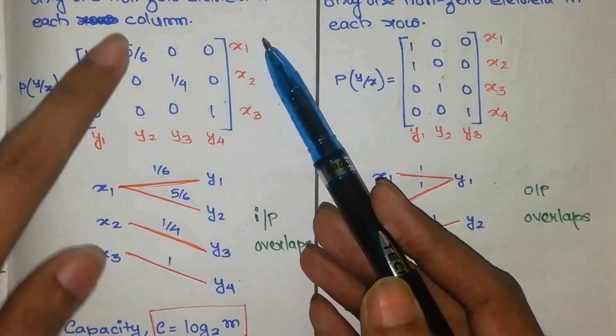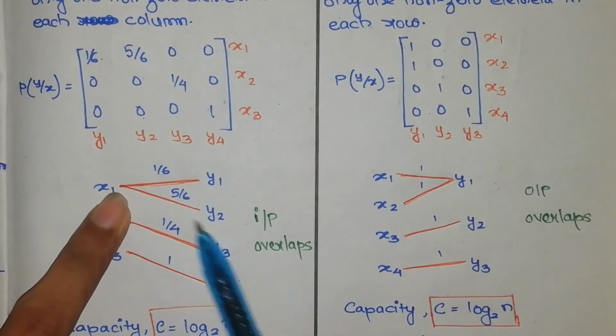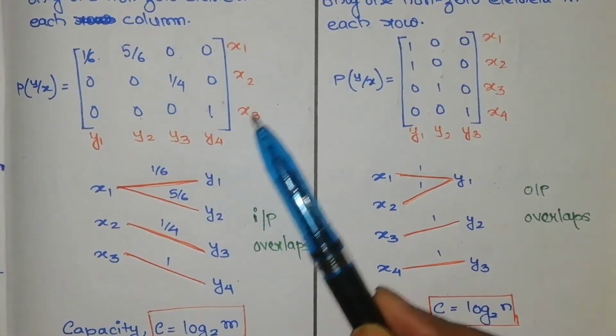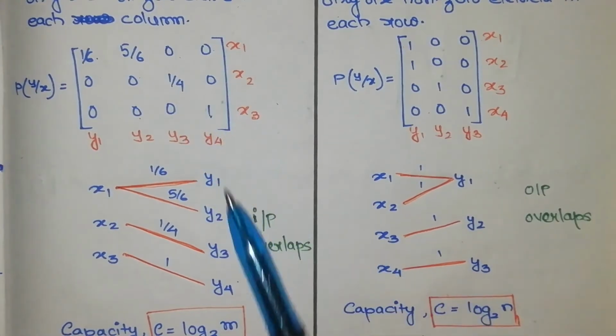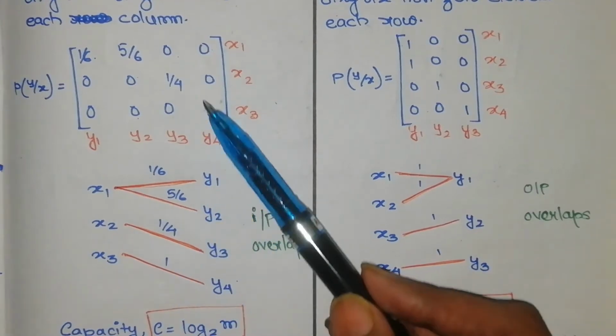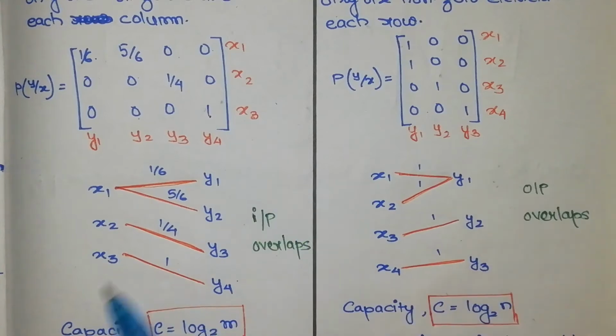Again x1 and y2 are connected with weight 5/6. Now x2 and y3 are connected and the weight is 1/4. And at the last x3 and y4 are connected with value 1.